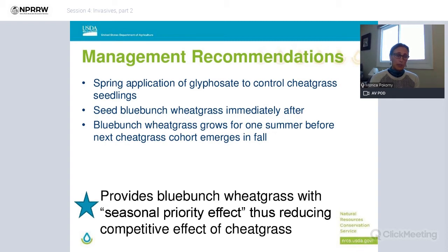And the bluebunch wheatgrass really did well establishing in the spring, and it also gave it a little bit more advantage for growing for the entire season before the next cohort of cheatgrass started to emerge in the fall. So the seasonal priority effect provided bluebunch wheatgrass the ability to reduce the competitive effect of cheatgrass.